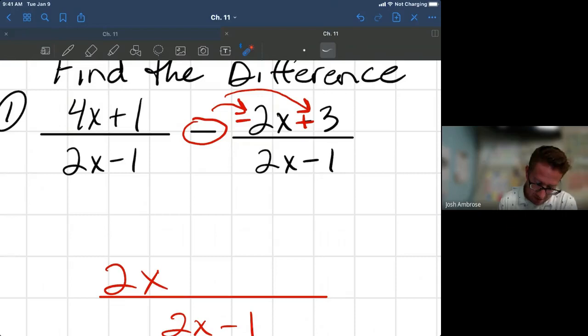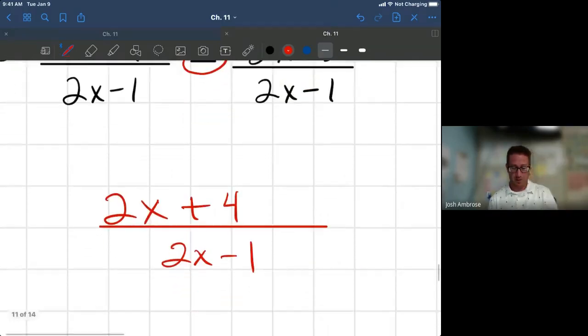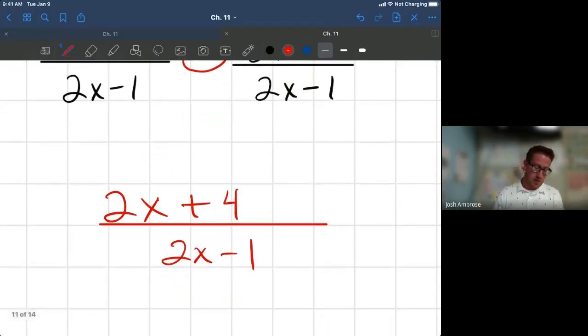All right, and then we have positive 1 and positive 3, creating a positive 4. All right, so 2x plus 4, all divided by 2x minus 1.